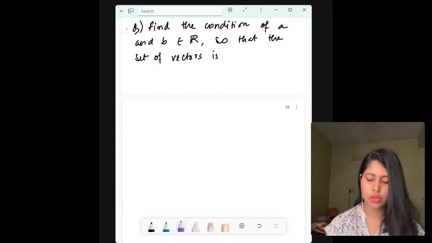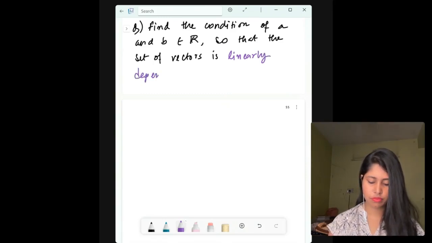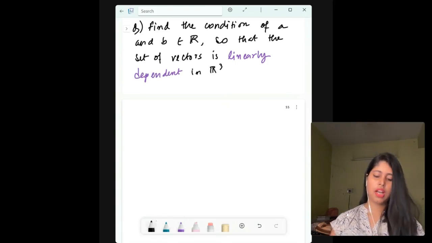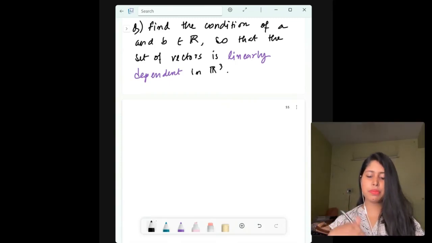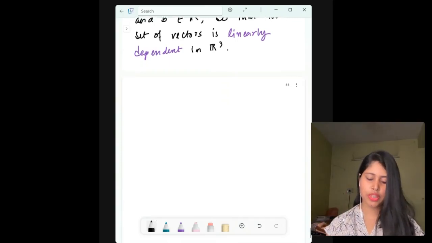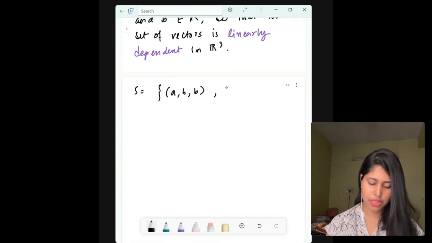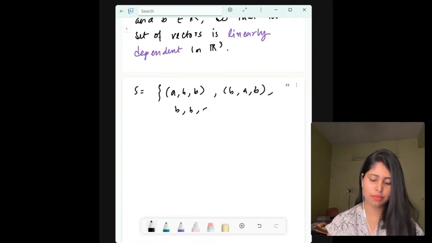Now here we will be given a set also. So the given set is, say, S is equals to (a, b, b), (b, a, b), (b, b, a).